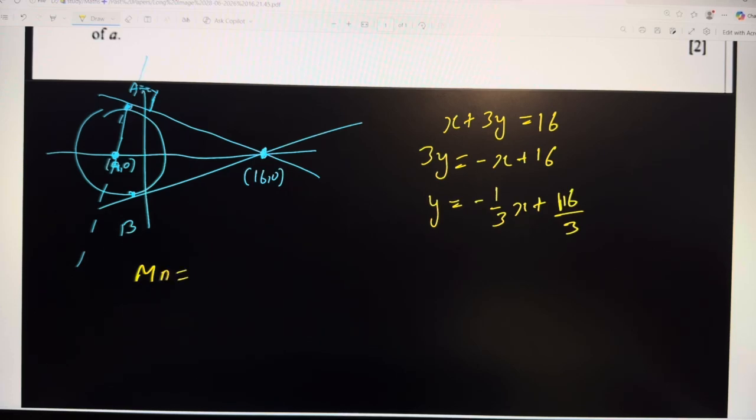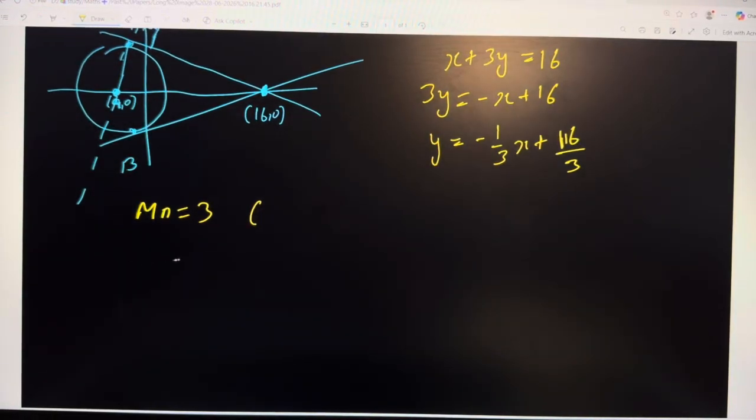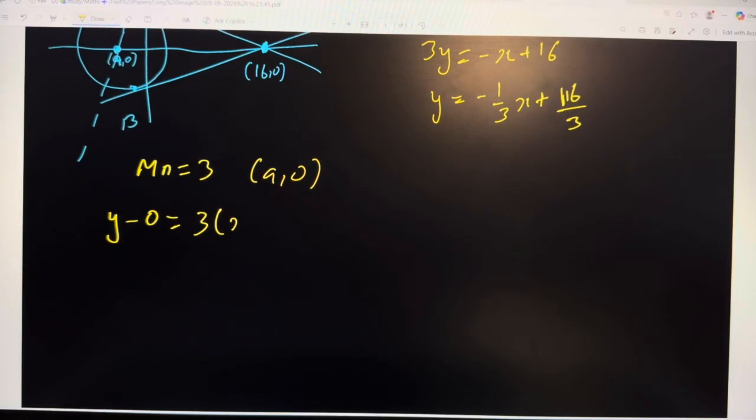Now it passes through the center point, so we can use y minus y1 is equal to m times x minus x1. So y is equal to 3x minus 3a. This is our equation of the normal.